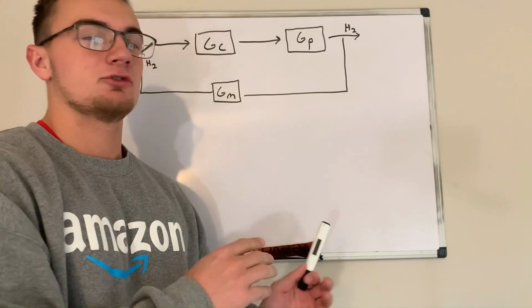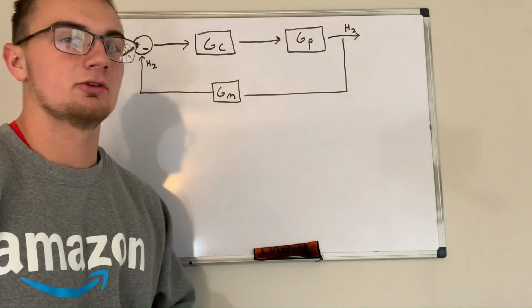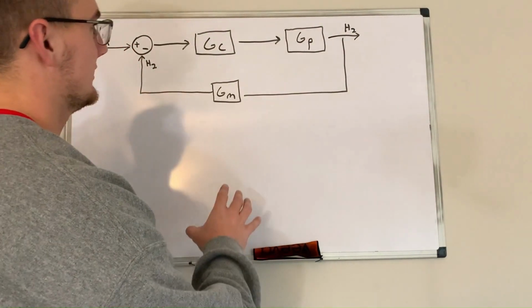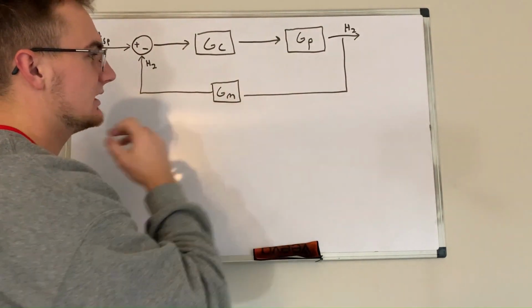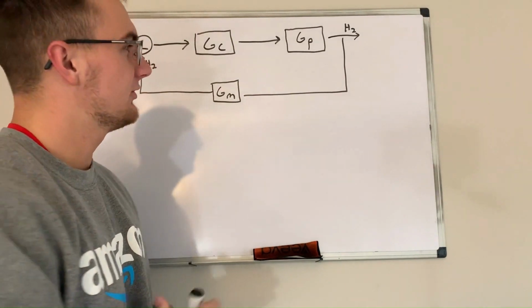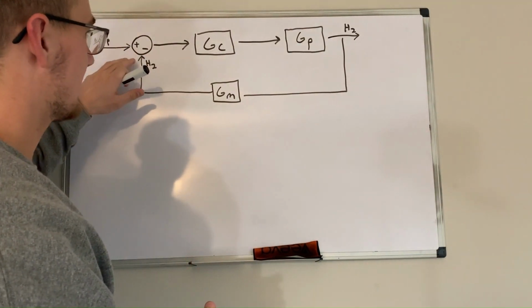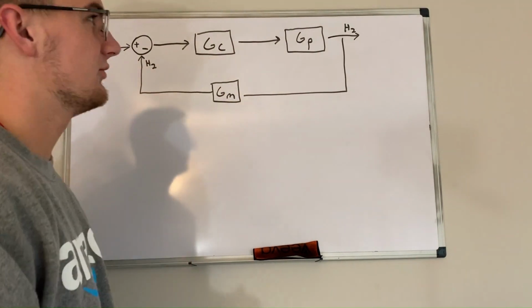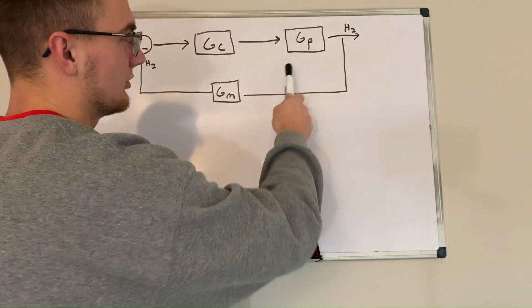Okay, so here I have drawn out what we're going to call our feedback control loop here. However, what I've gone ahead and done is condensed it down into GC, GP, and this GM. Essentially it's the same idea. We have our set point coming in, we have our comparator here, that then goes into our controller, that then goes into the transfer function for our process.